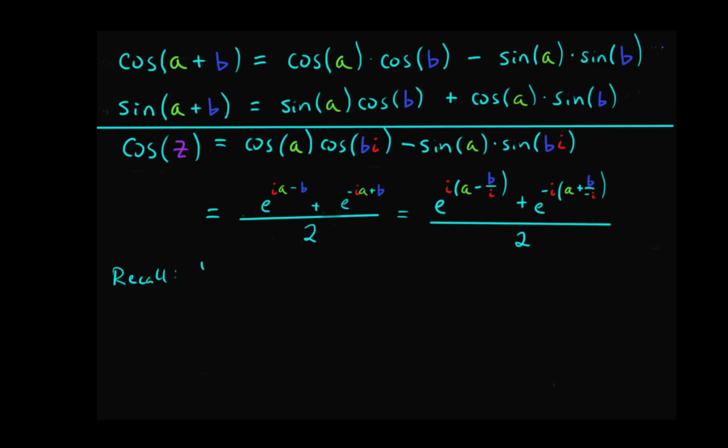And you'll see why I've done that in just a moment. But first I'll ask you to recall the following fact, which is that 1 over i equals negative i, and by the same token, 1 over negative i equals positive i.